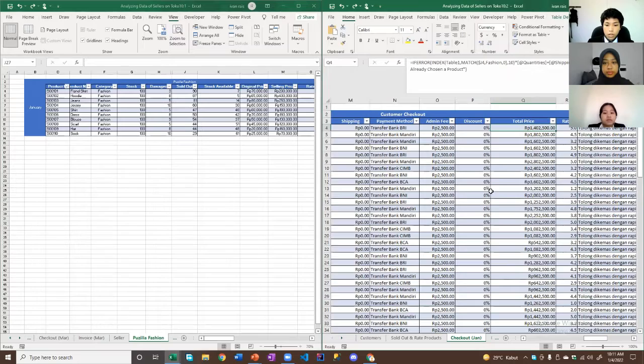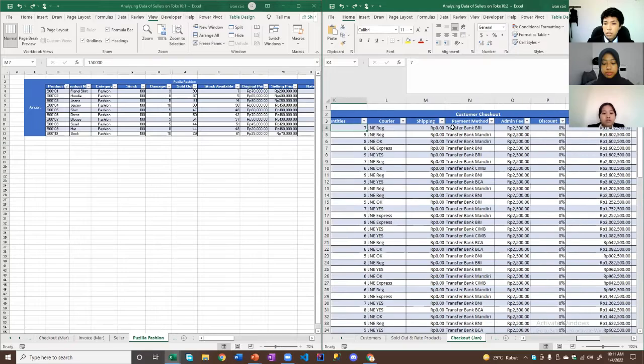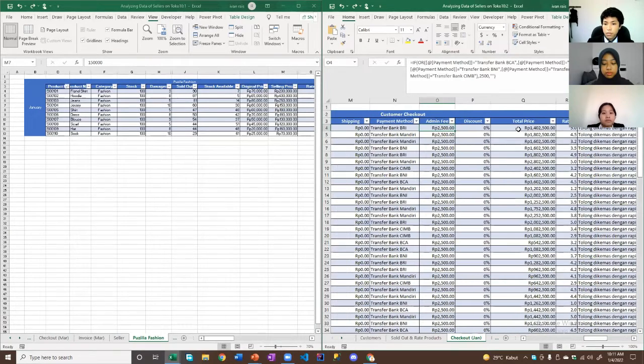In total price, there is a calculation operation: selling price from the Mozilla operation worksheet, which is from the column selling price, times quantities, and then add shipping and add admin fee. And this is the result.